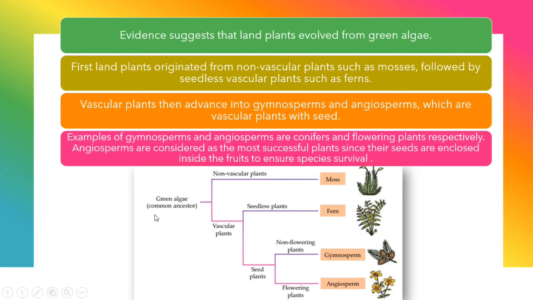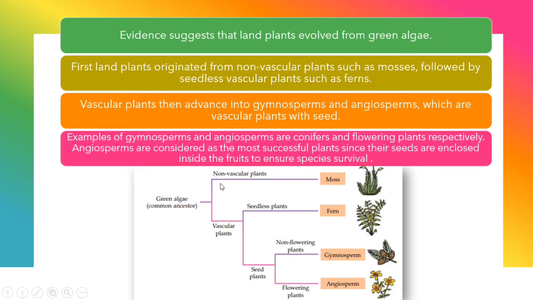So all the plants in this world came from a common ancestor, which is green algae, and the evolution of the green algae formed the non-vascular plants.